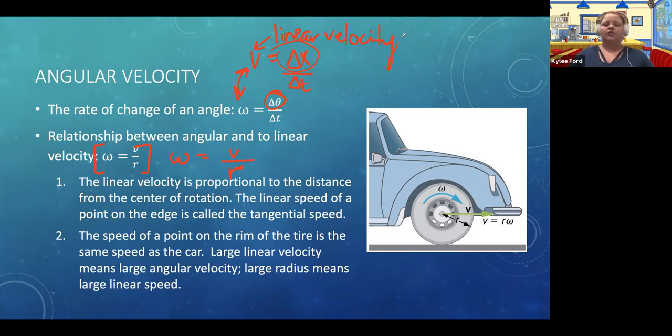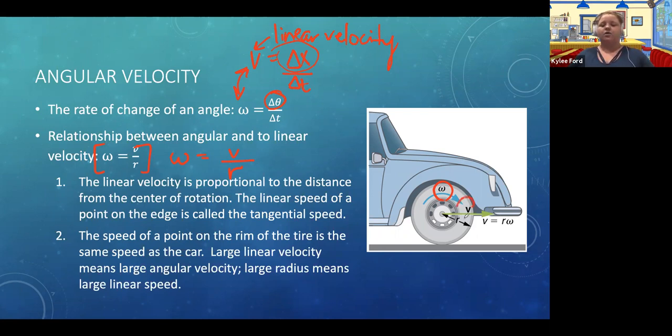Take, for example, this car here with a tire and wheel, and it's moving. We have some rotational velocity here, this omega, and we also have the velocity of the car. This velocity of the car is also going to be this linear velocity.